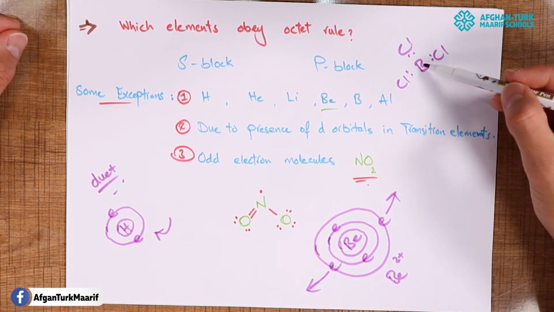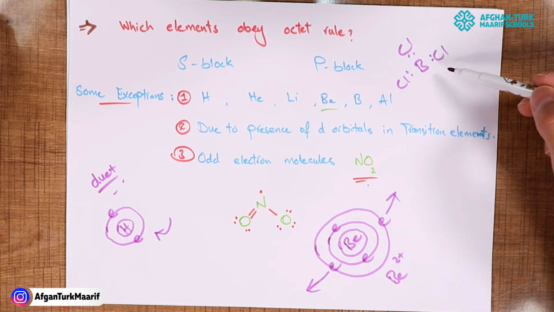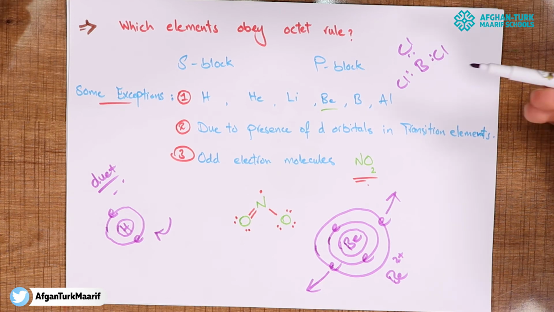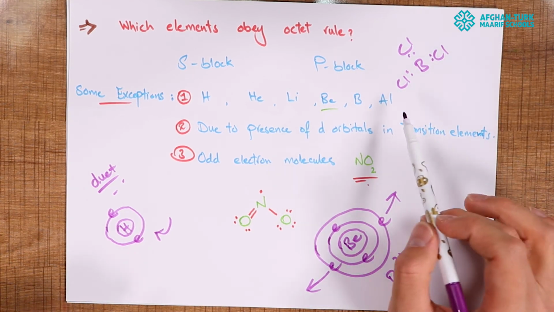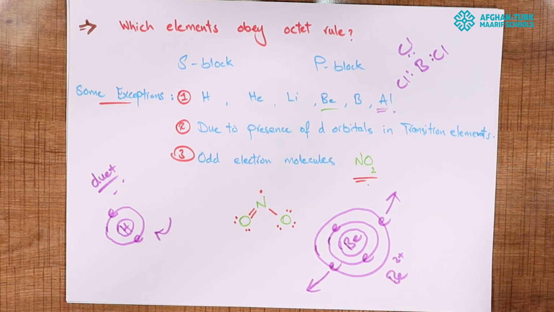So boron didn't achieve the octet state over here, because there are 6 electrons. To achieve the octet state, there must be 8 electrons in its outermost shell, even after losing an electron, gaining an electron, or sharing an electron. What about aluminium? Aluminium also doesn't obey the octet rule.